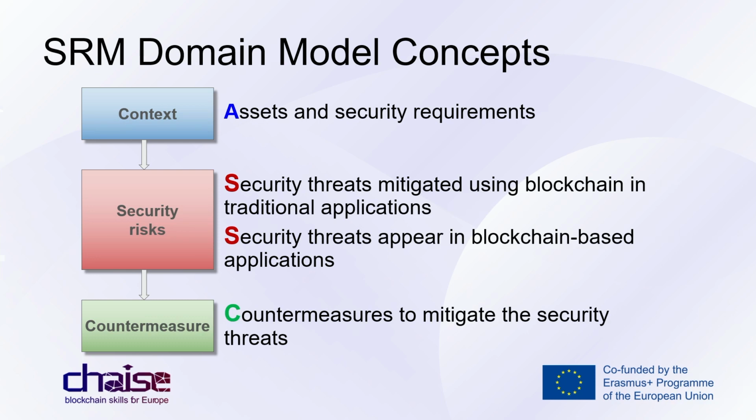Second, we identify the security threats that exploit various vulnerabilities in traditional applications to harm the assets and negate the security criteria of business assets, and how blockchain mitigates those security threats that categorize under countermeasure concepts. Third, we identify the security threats that may appear within blockchain-based applications and define the security risk management decision to treat the threats by incorporating the countermeasures.